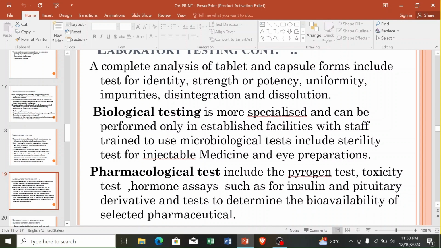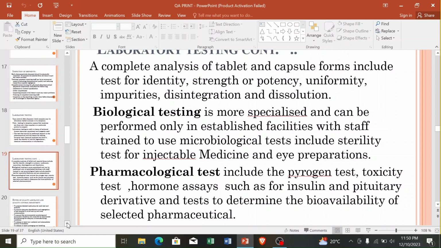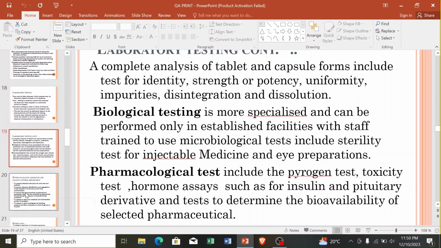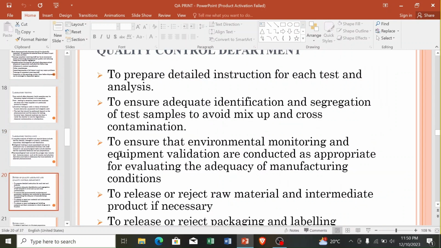Then we have pharmacological tests, which may include the pyrogen tests, toxicity tests, hormone assays such as insulin and pituitary derivatives, and tests to determine the bioavailability of selected pharmaceuticals. So under parameters, we also looked at testing for bioavailability, and we are clearly seeing it here.